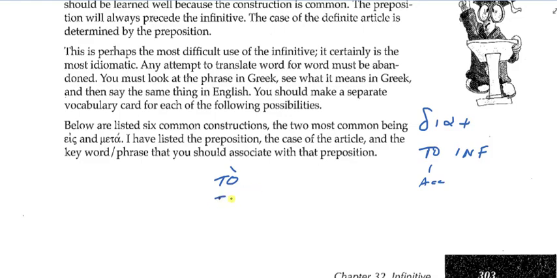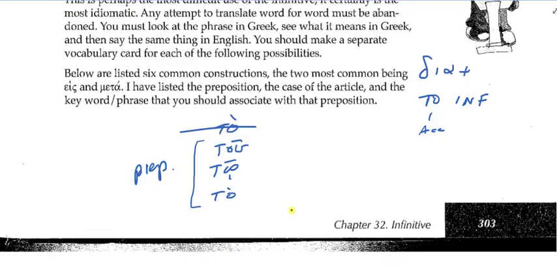Then tou, excellent. Then dative, to, and accusative, to. So these are going to be the three cases that my articular infinitives can be in, or the article, after some preposition, right? But not the nominative. Make sense? Okay, good. So let's take a look.